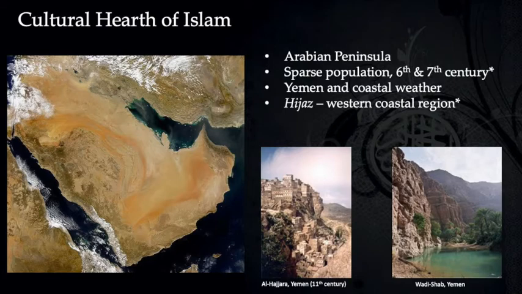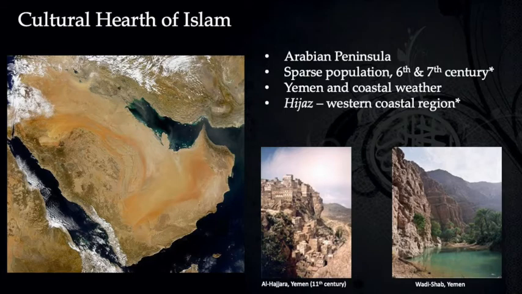It has the lowest population density even today of anywhere on Earth, even more so than the Gobi Desert of Mongolia and Western China. Early on in the 6th and 7th centuries, major kingdoms, which we'll take a look at in a moment, were clustered on the peninsula itself along the coast, many of which established trading routes with India and also became vassal territories of the Persian Empire to the north.